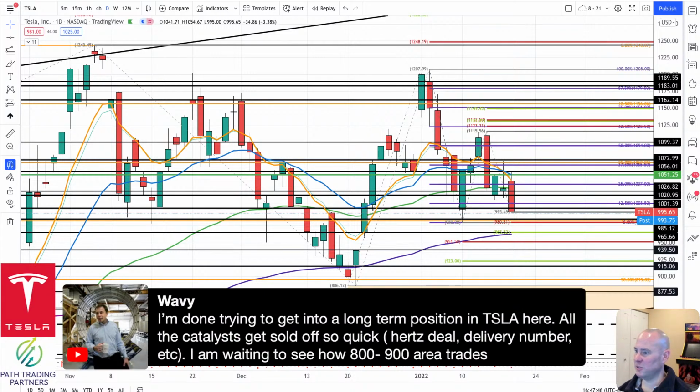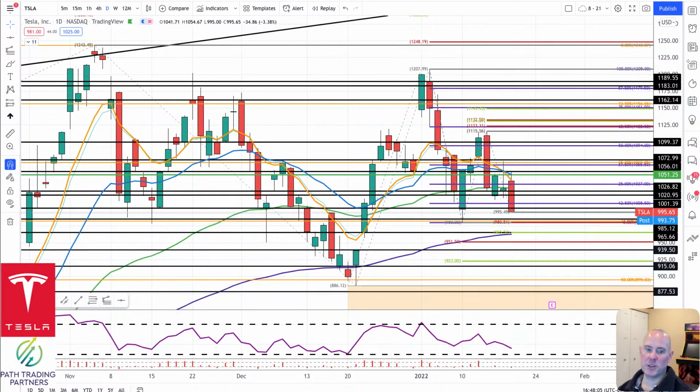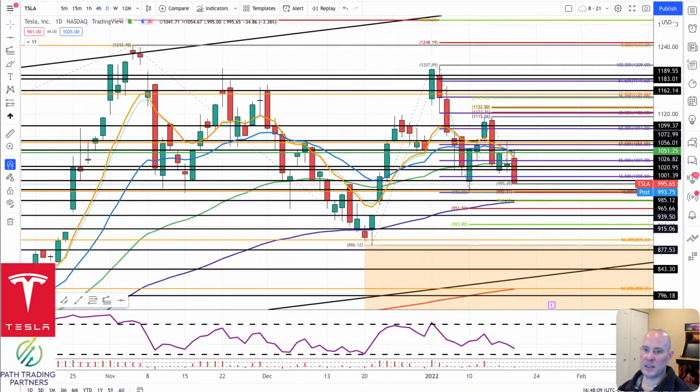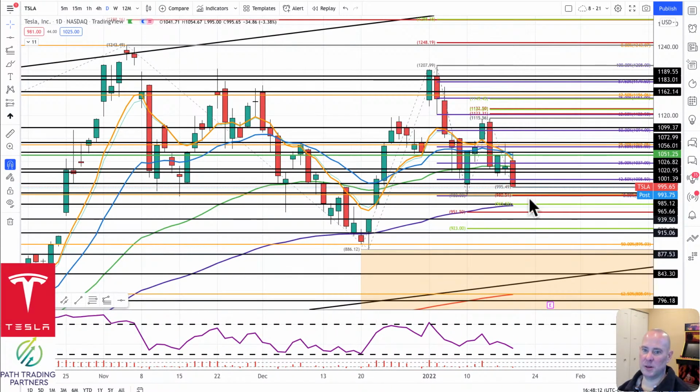I'm done trying to get into long-term positions. No, everything's just tradable at this point. It's not long term. Even on bounce plays, I wouldn't do them for long term. It's aggressively move up the stops on any long trade. All the catalysts get sold out so quick. Yeah, longer term, I'm watching for those into the 800s again. That doesn't mean we can't get a bounce. I'm going to play high probability signals until then, if there are some great high probability triggers, because I have to play the probabilities.